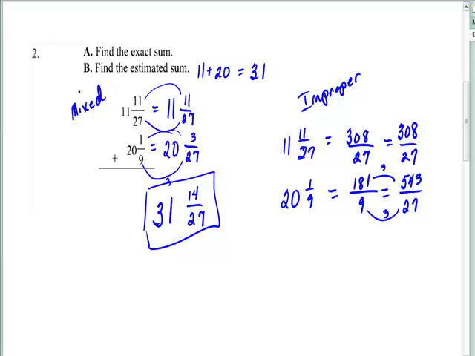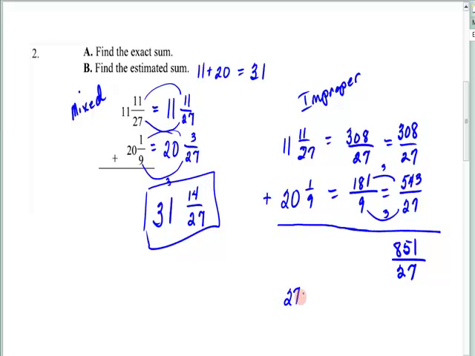Okay, and now I'm going to add them. This was all addition. So I have 543 plus 308 gives me 851 over 27. Unfortunately, that is an improper fraction, which would not be acceptable.